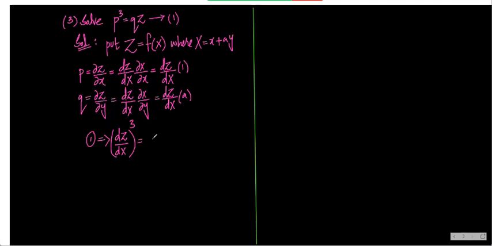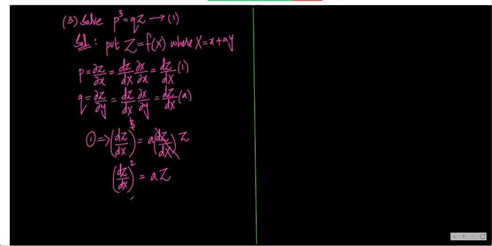Q is a into dz by d capital X, into this term z. If I want to write this in brackets, understood. Now one term from this total term will be cancelled. What is left here? The square, so dz by dx whole square equals a into z.